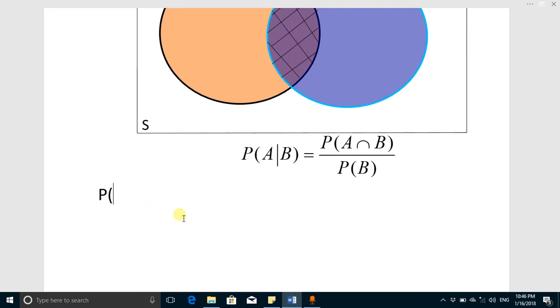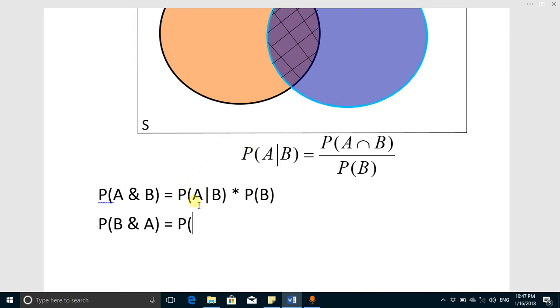Like we can say probability of A and B, which is the same as A intersection B, would be equal to, we move this value to this side, so it will be multiplied after going to this side, probability of A given B into probability of B. So this is another formula that we derived from conditional probability, which says the intersection of A and B is equal to probability of A given B into probability of B. And if I write another formula just like this, if I just swap these values, probability of B and A, B intersection A, by using this formula we can write it like this, probability of B given A into probability of A.